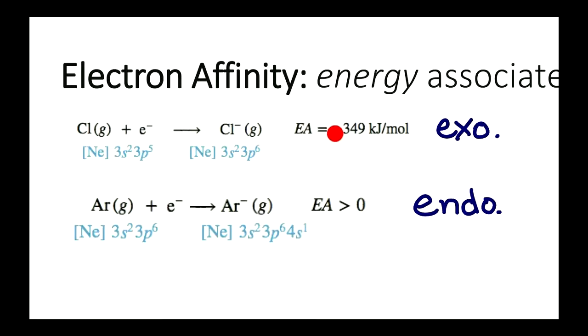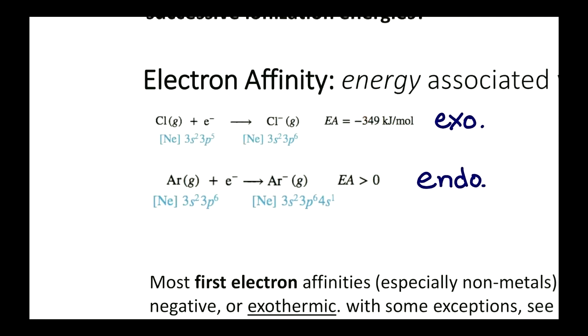Where that energy comes from is the attraction that this electron has to the valence shell of that atom. So we want to be thinking about Z effective here. In the valence shell, what's the Z effective of a valence electron on chlorine? What's the quick and dirty way to do it? It's group number. So it's +7.